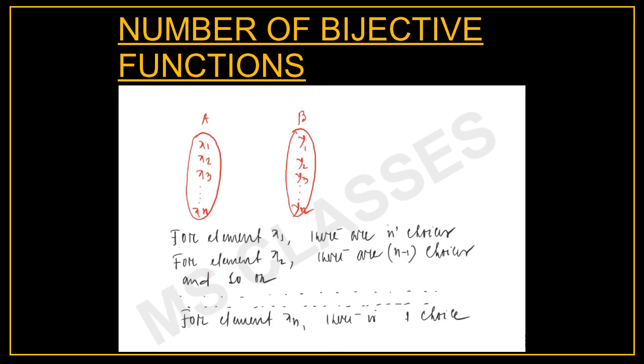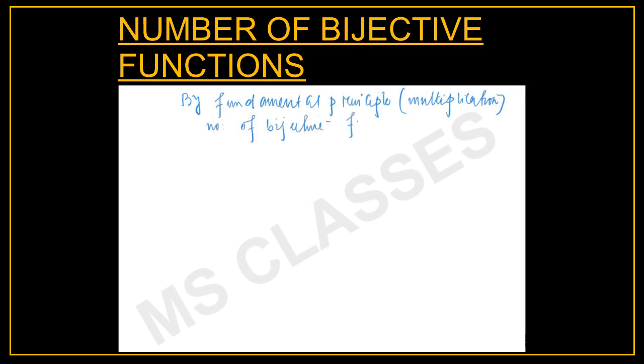So by fundamental principle of counting, multiplication, the number of bijective functions is equal to n into n minus 1 into n minus 2 up to 1. That is n factorial.